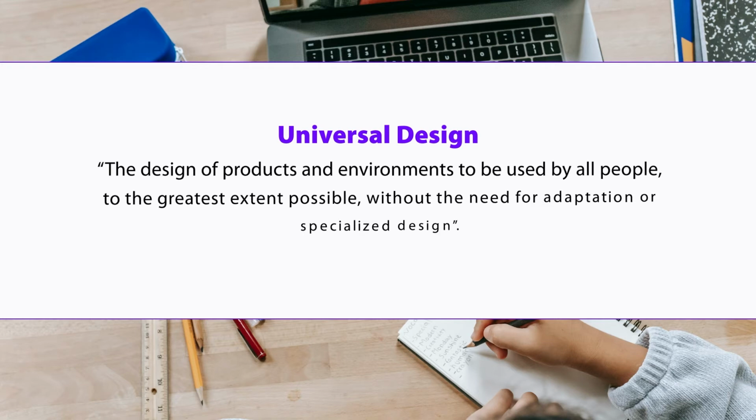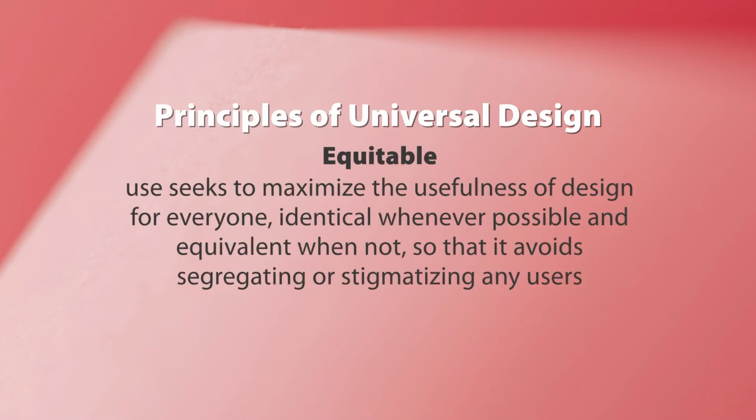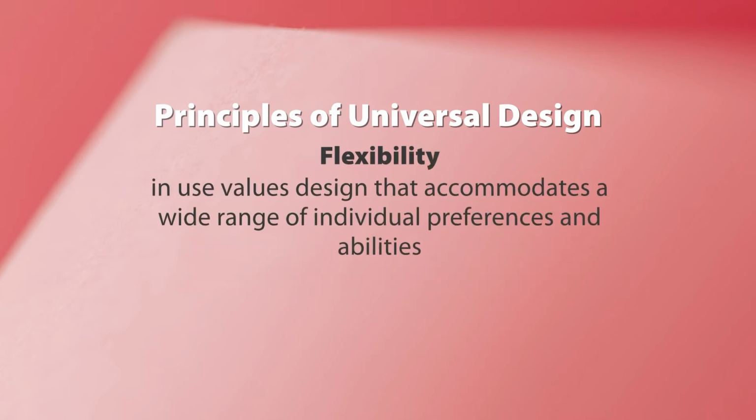These are the design of products and environments to be used by all people to the greatest extent possible without the need for adaptation or specialized design. Then the principles of universal design we can talk about, because these can be equitable use. These should be made usable by all the people. Then flexibility in use should be ensured for all the persons.